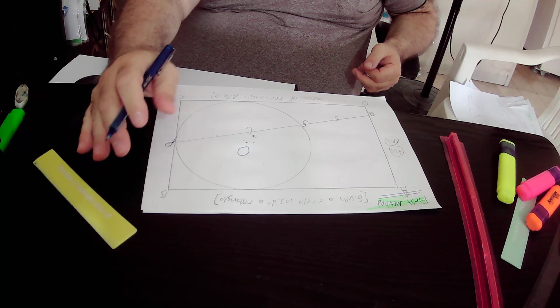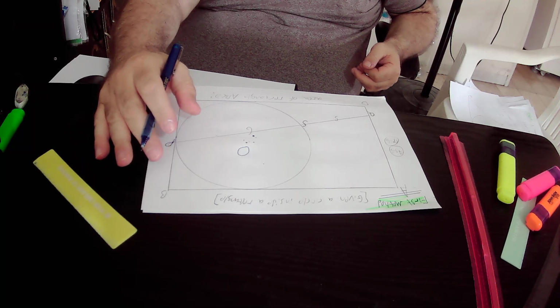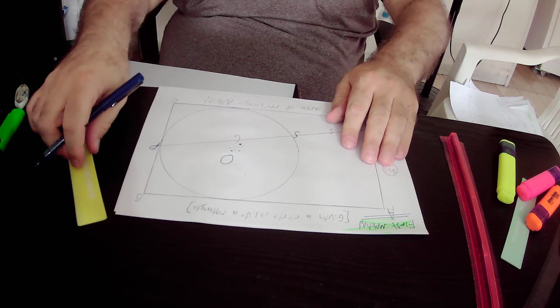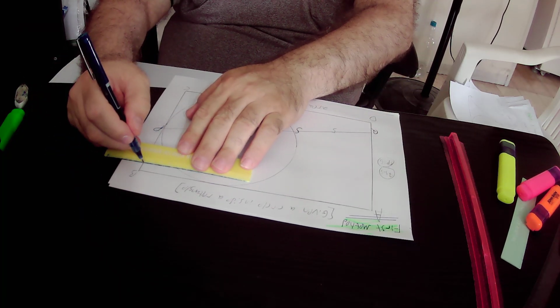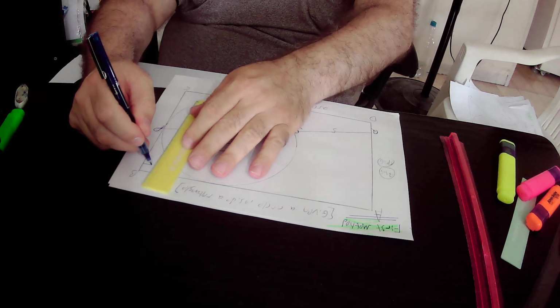But before that, we know that all the angles inside the rectangle are right angles, all equal to 90 degrees.